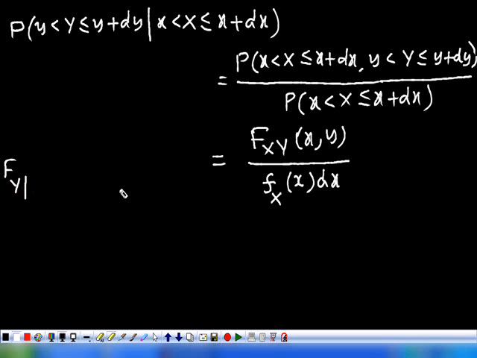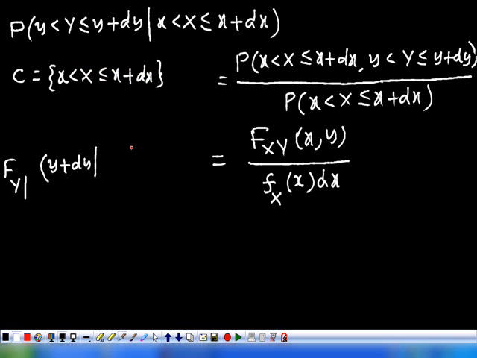Even though we have written y less than or equivalent to y plus dy, dy and dx are very small. So therefore, I can write it as fy of x, and this is, see, we already assumed this c is equivalent to x less than or equivalent to x plus dx. Is it right?